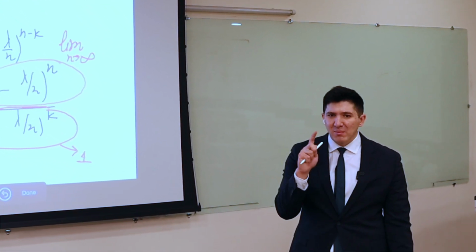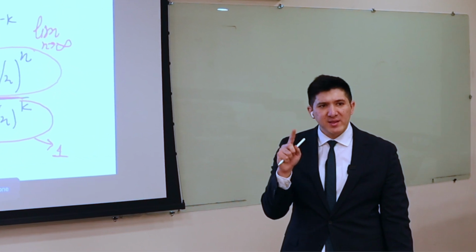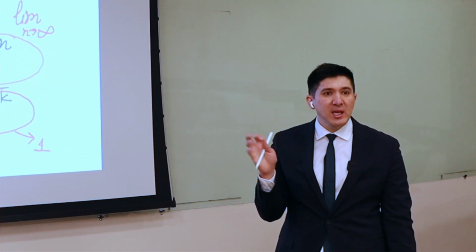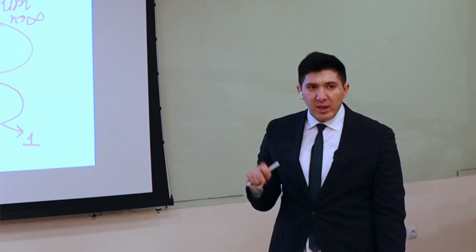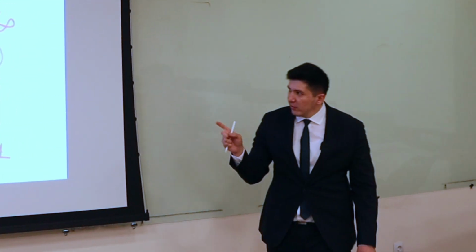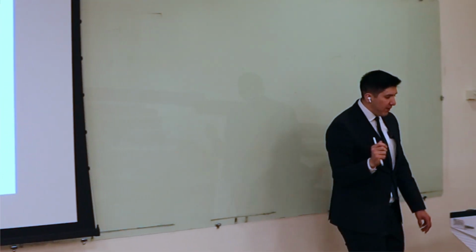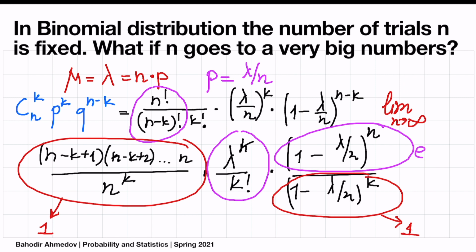It was (1 plus 1 divided by n) to the power of n, which is simply e. Then you can just use that limit to prove that (1 minus lambda over n) to the power of n is equal to e to the power of minus lambda. Actually, it was a definition of e. The definition of e is the limit as n goes to infinity of (1 plus 1 divided by n) to the power of n.